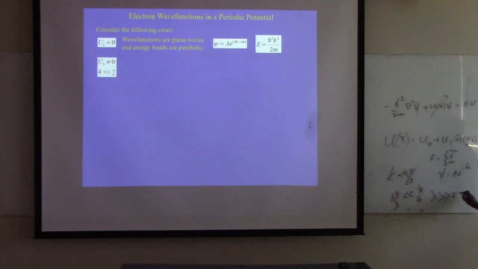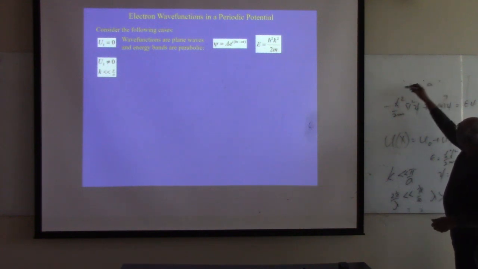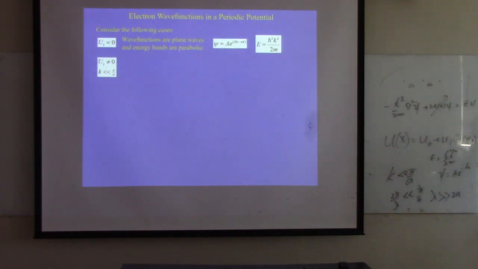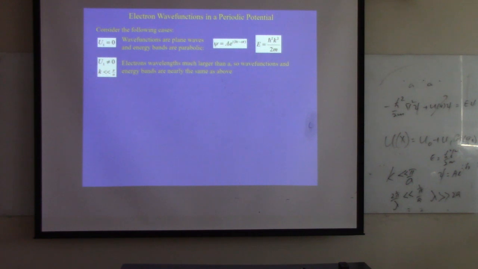So this is a, and lambda is much bigger. That means it doesn't have much effect, right? Because it's almost like having no periodicity or any modulation. Because lambda is much bigger than a, your solutions are still similar to the free electron model. So the wavelengths are much larger, and the wave function and energy bands are nearly the same as before.